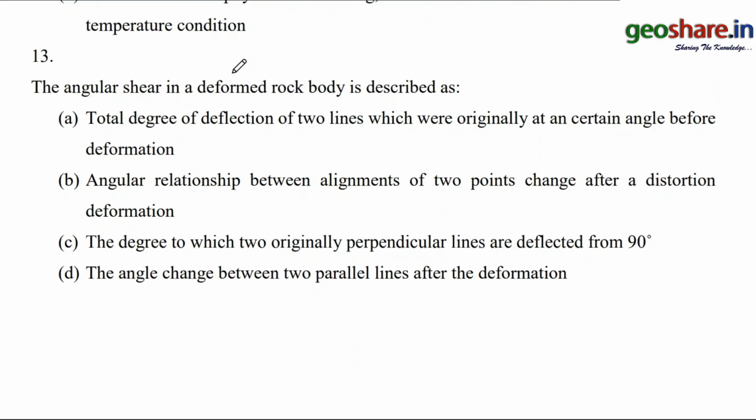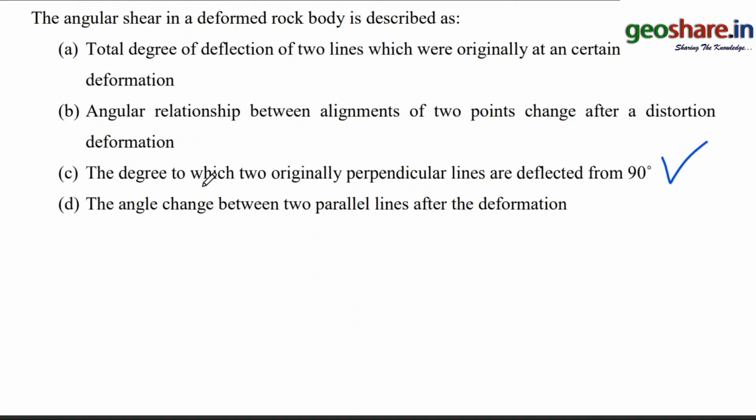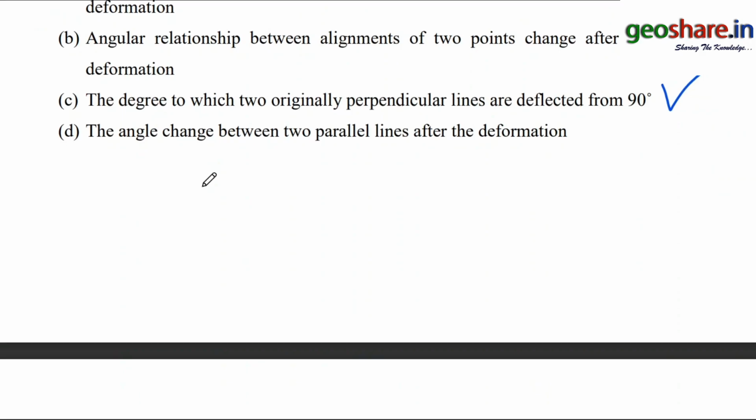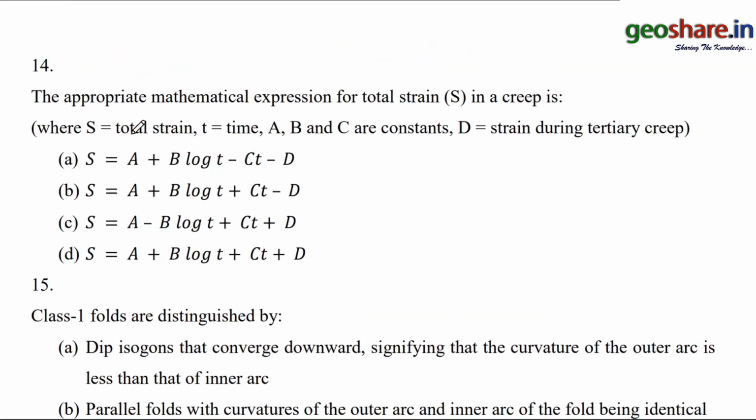The angular shear in a deformed rock body is described as the degree by which two originally perpendicular lines are deflected from 90 degrees.